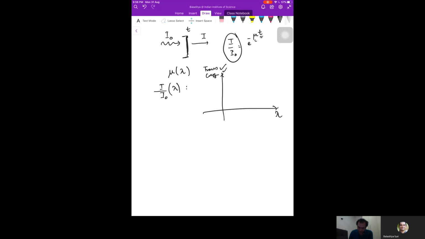Then, if we know this function, say if it is roughly linear, then by reading out lambda, by measuring the transmission coefficient, we can have a lookup table between the transmission coefficient and the lambda if we know this nearly linear behavior in a small region. Okay, so this is the principle that we use to actually measure the wavelength in the Compton experiment.